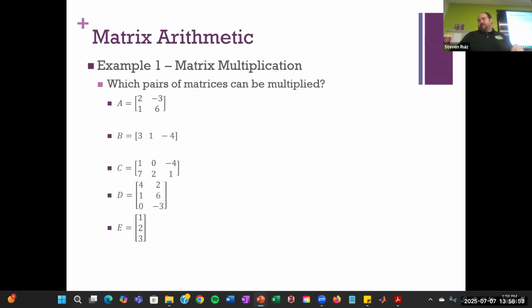So I've got 5 different matrices here. Which of them could I multiply? Like I said, I think this is deeply non-intuitive. For example, could I multiply A by B? Why not? Doesn't feel right. Why doesn't it feel right?